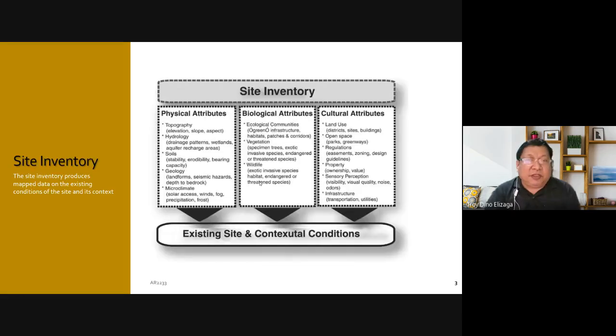The difference between site inventory and site analysis is as follows. The site inventory produces map data on the existing condition of the site and its context. And we've already seen this diagram with the physical, biological, and cultural attributes.